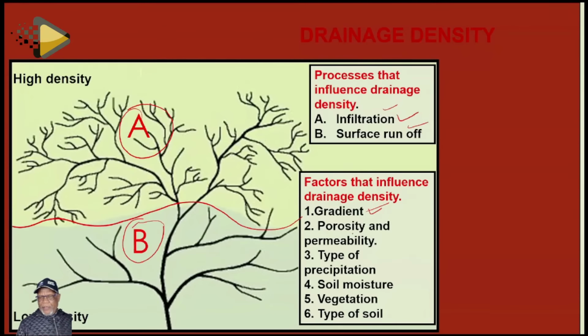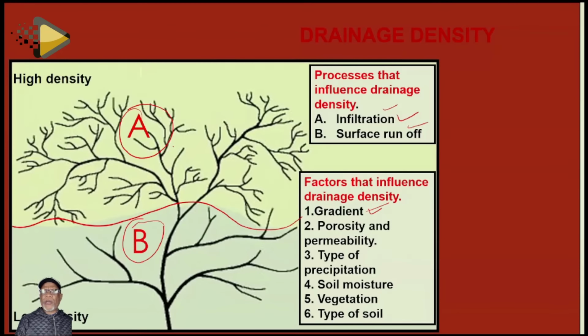Then we have another factor like porosity and permeability. Porosity and permeability is the same as the type of soil, because porosity will determine whether soil is able to allow infiltration or not. Then what are you saying? At A there is low porosity. What do you mean by low porosity?